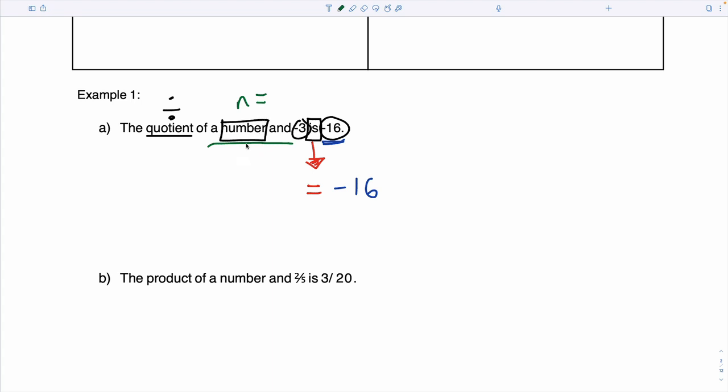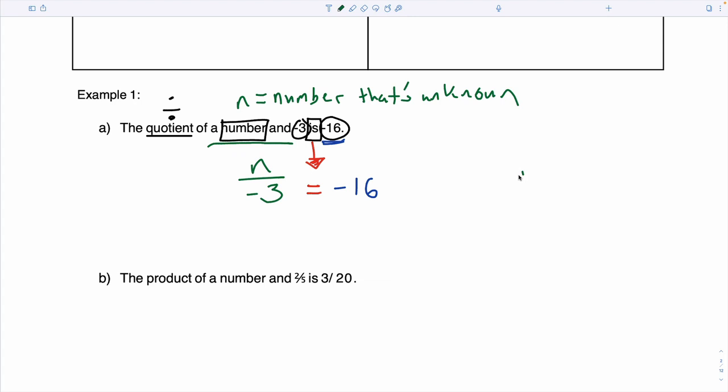It could be x, because that's a very common one. I don't really care what your variable is. I'm going to make mine n. N is the number that's unknown. So let's use that n, the quotient of the variable n and -3. This is division, n divided by -3.